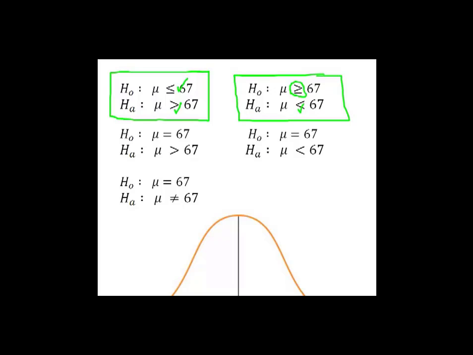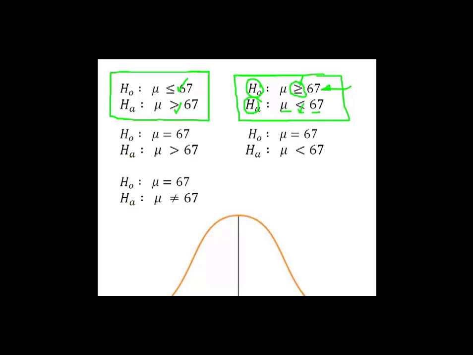In other words, they're mutually exclusive. This null hypothesis right here says the mean is greater than or equal to 67. Well, the only thing that leaves me is that the mean is less than 67. Well, that means that on one foot I have my left shoe, on the other foot I have my right shoe.